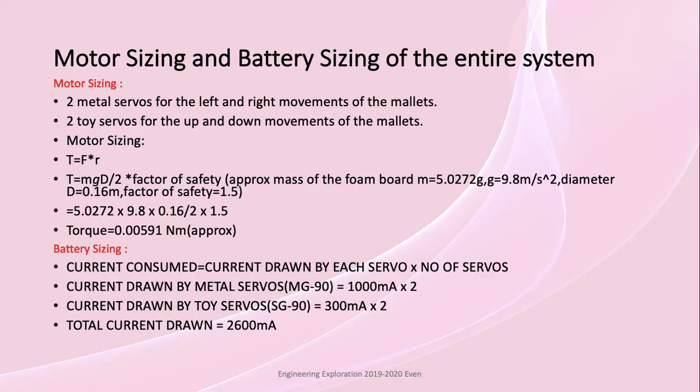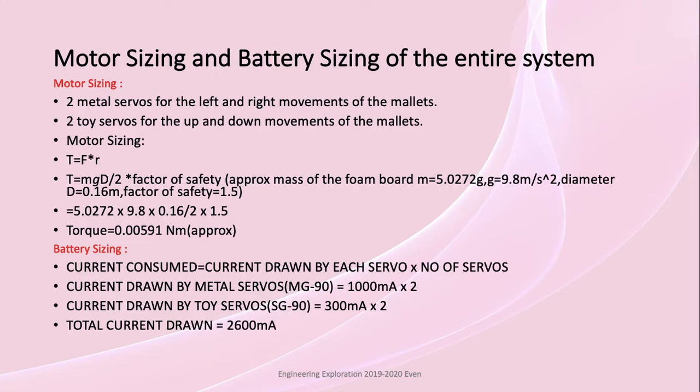Motor sizing and battery sizing of the system. As we would be requiring 2 metal servos and 2 toy servos. Now we know that torque is equal to force into radius. Also, torque is equal to mgd by 2 into factor of safety, where m is the mass of the foam board, g is the gravitational acceleration, and d is the diameter.